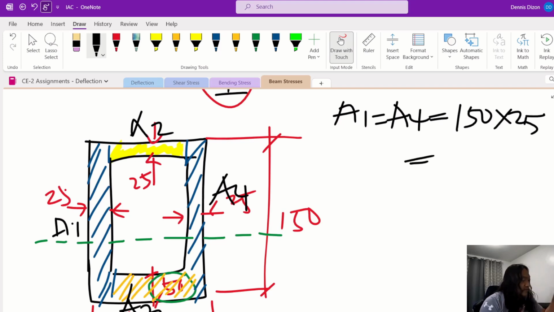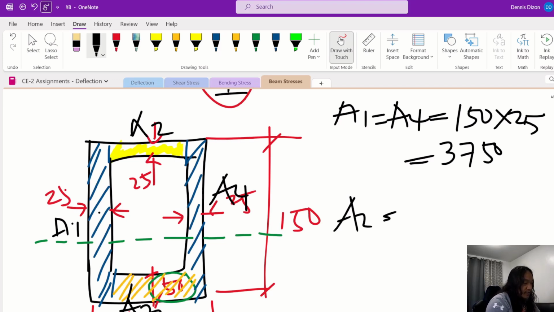So 150 by 25 is 3750. Then area 2 is, so if this is 120 and then minus 50, that is 70 times 25.